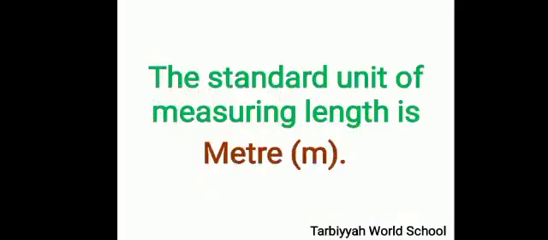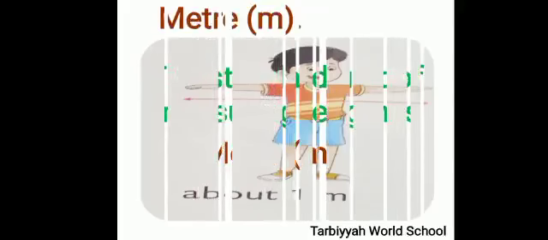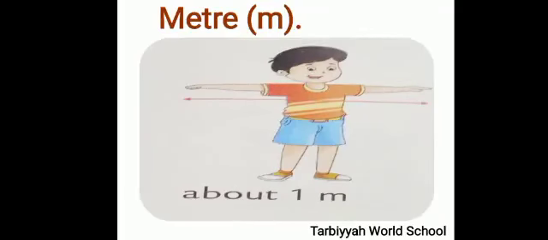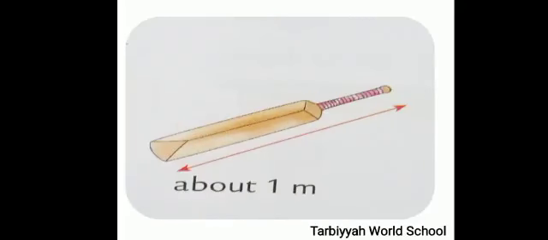See, the standard unit of measuring length is meter. Okay, if we measure the longer length, so we can measure in meter. Or for example, when we stretch our hand, so it is about 1 meter. Okay, as you can see in this picture, the straight hand of this boy is about 1 meter. The length of a bat is about 1 meter.